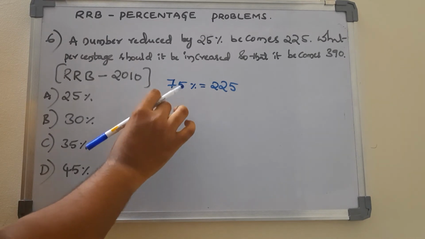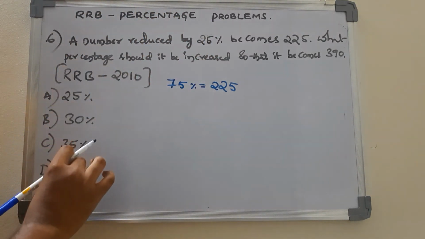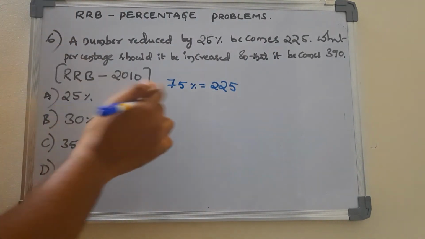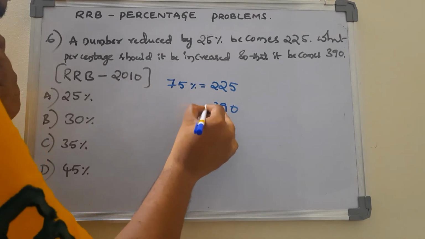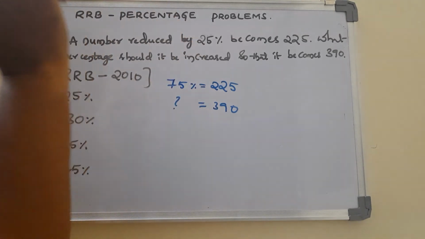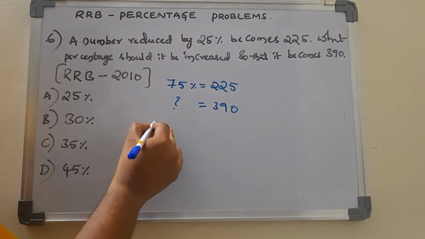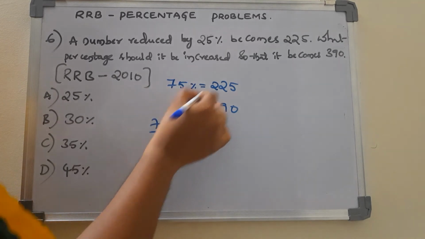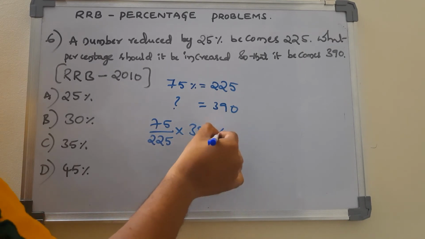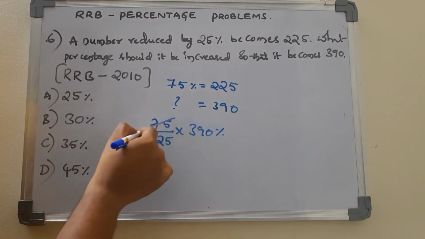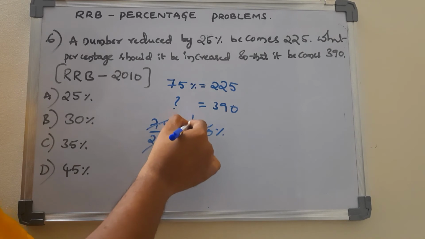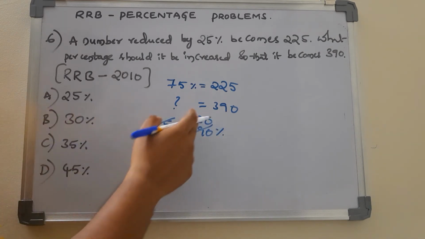We have to find at what percentage the number should be increased so that it becomes 390. So 390 is what percentage of this number? Just apply the formula: 390 by 225, but we need it in percentage, so 390 by 75 into 100, which is 130%.